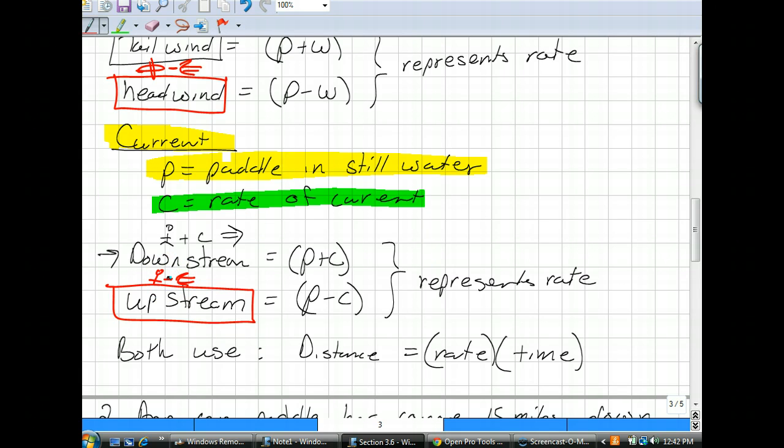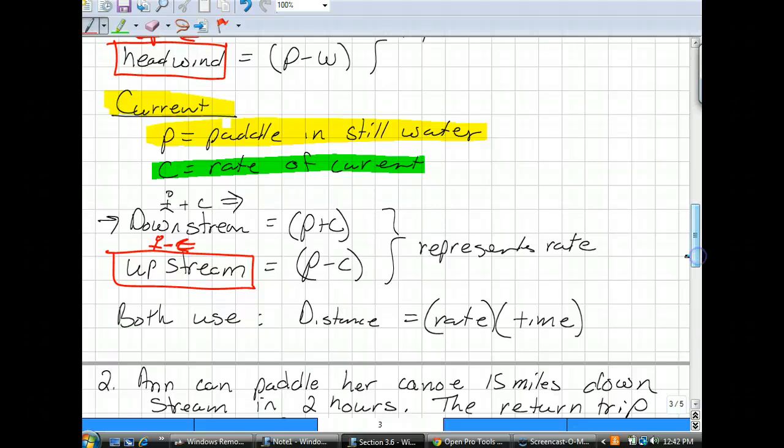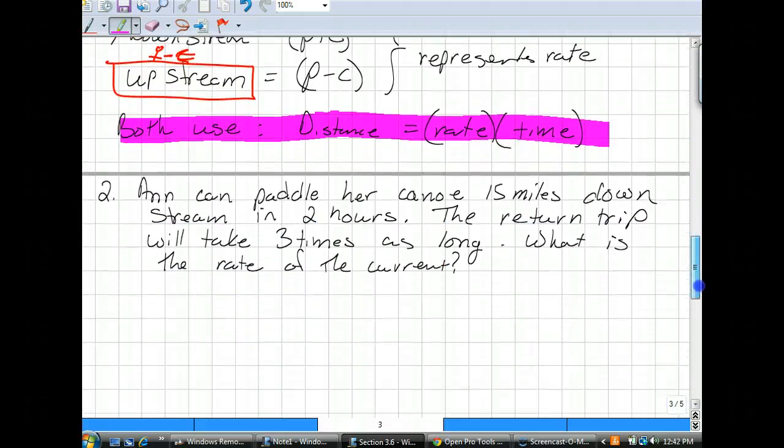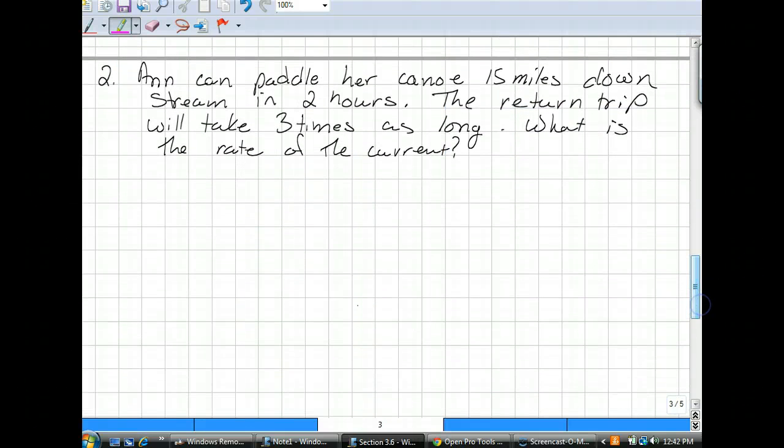So that's minus. So P minus C represents the rate that you're actually traveling. Then all of these, both the plane and the current problems, use the formula distance equals rate times time. Okay, so here's an example of one with a current.